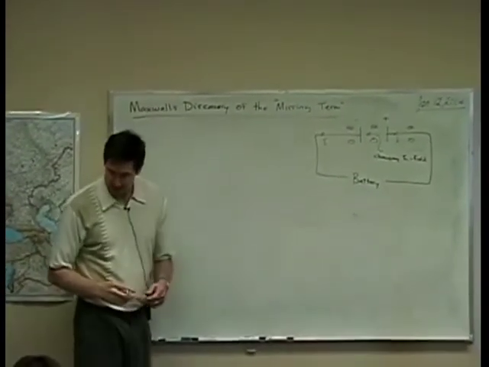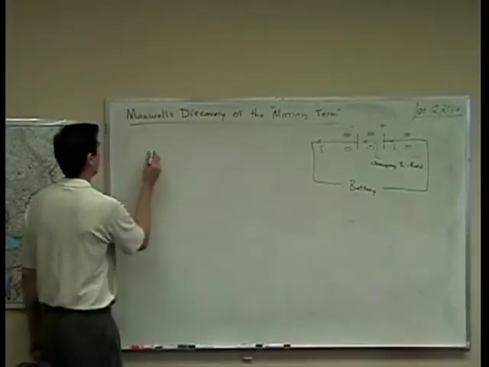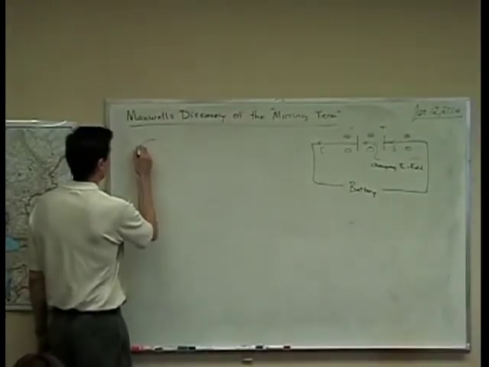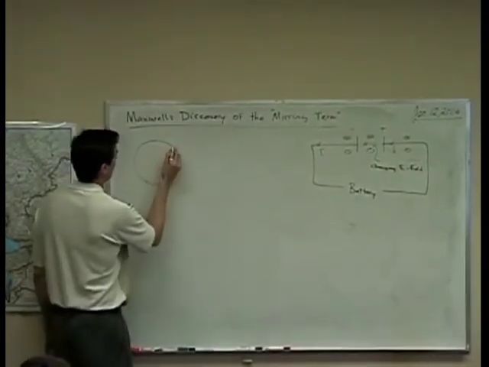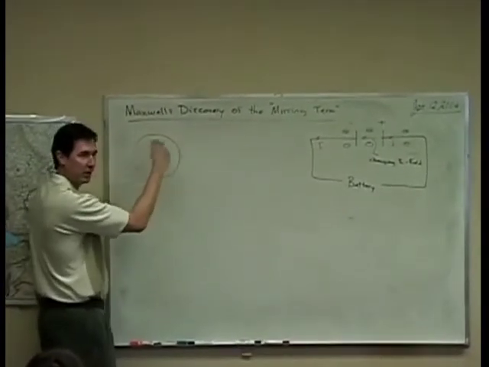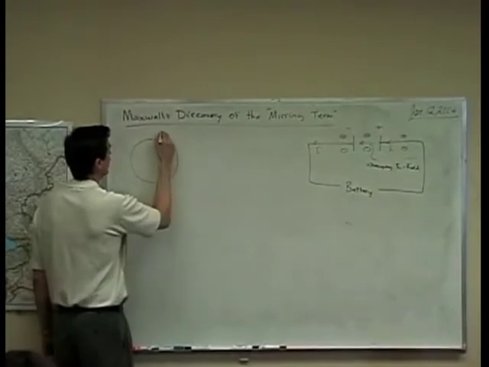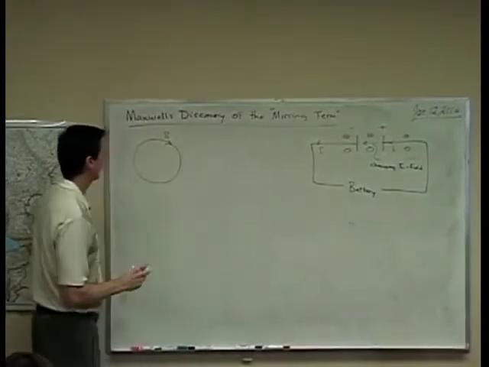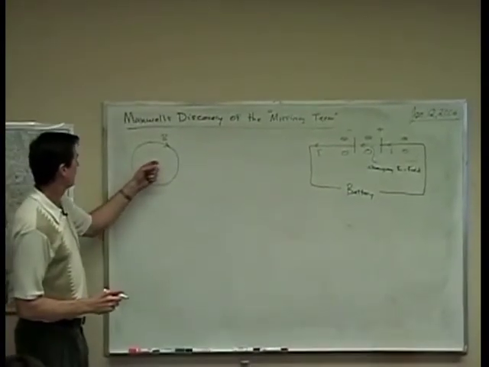So let me sum that up by saying, let me draw a circle over here. And let's say we have a B field, magnetic field, going around the circle clockwise.